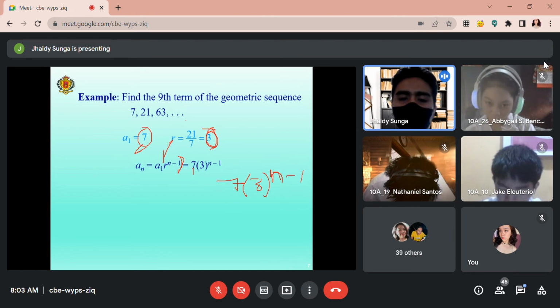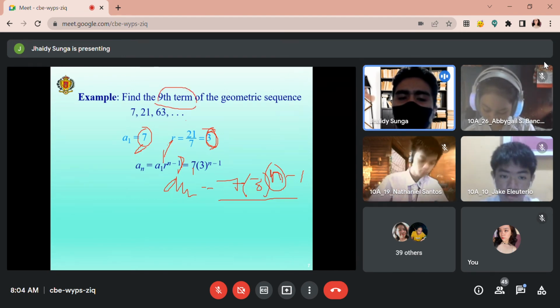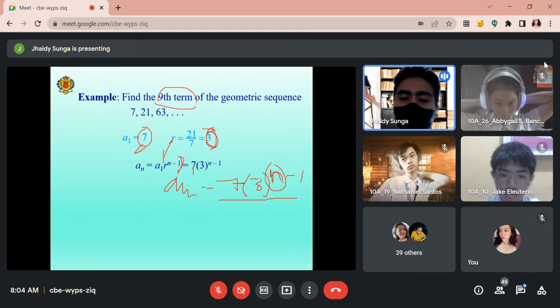We don't have n yet, but in the given we already have the nth term that we are finding, which is 9, the one that I wrote a while ago.